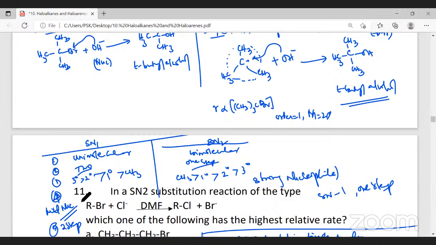For SN1, tertiary is more easily undergoing the mechanism, then secondary. For SN2, methyl will undergo more easily. A mild nucleophile is enough for SN1 and a strong nucleophile for SN2. Clear with these 2 mechanisms?